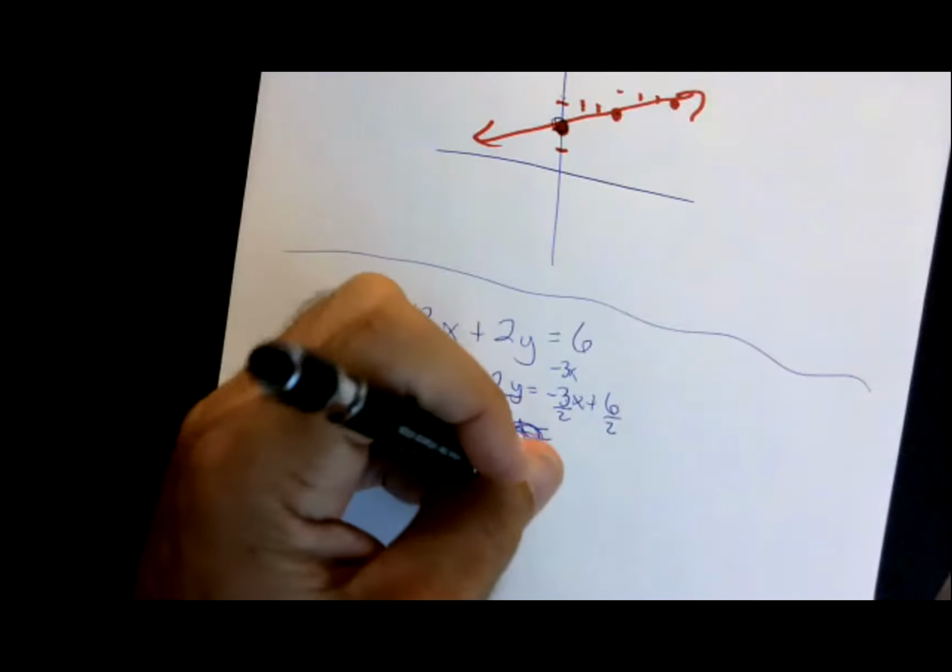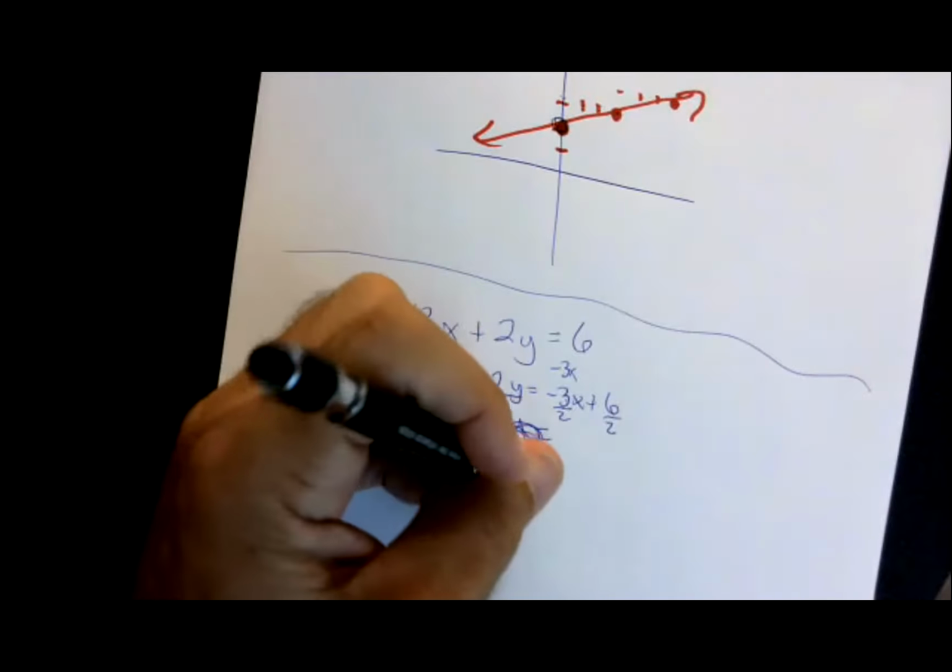Now, if they specifically ask me what's the slope, then that's the only number that matters. That's my slope. If they ask for my y-intercept, there's my y-intercept. Now, remember, the y-intercept is a point, so you need to write it like a point.